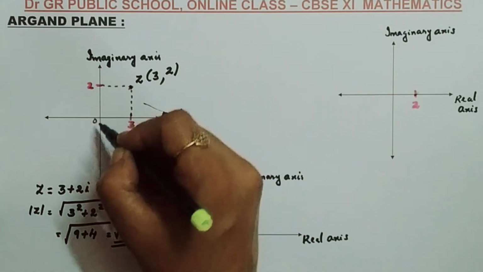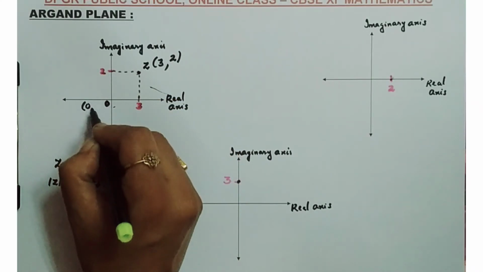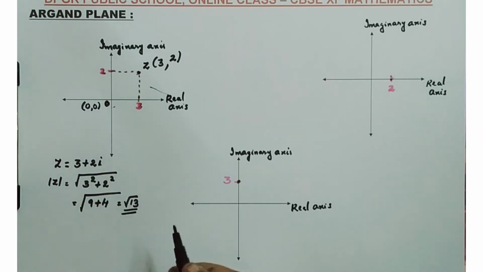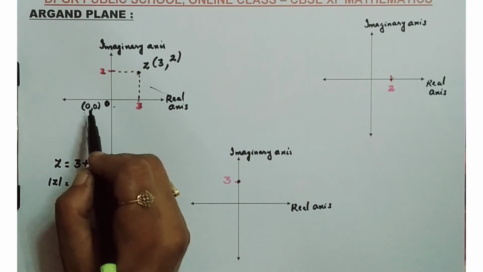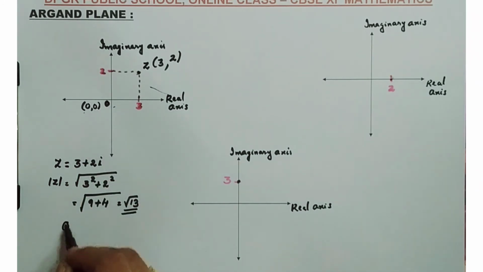Let us find the distance. O means the origin, which is represented by the point (0, 0). That can also be thought of as a complex number having real part 0 and imaginary part 0. Here the origin corresponds to the complex number 0 plus 0i, that is, 0 itself.